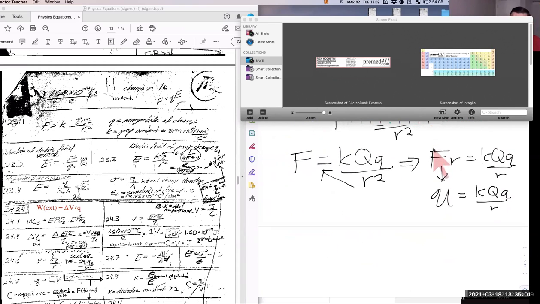Okay. So this is going to be that potential energy here. Now let me ask you a question. If we do the same thing here, if we're going to double the value for Q, and we're going to double the value for R, what will happen to the potential energy?